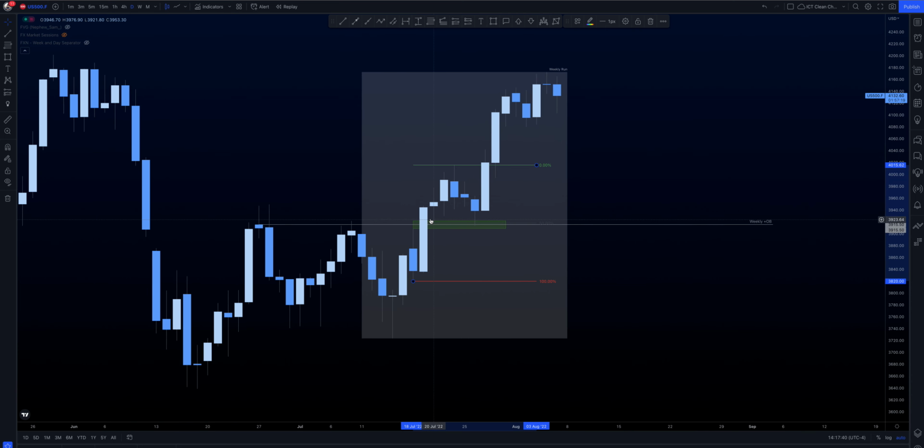So we've got a rundown during news on this day. And if we've got a shift in market structure to the upside with a fair value gap, we've now got the daily higher time frame setup of what ICT teaches for the 15-minute time frame.